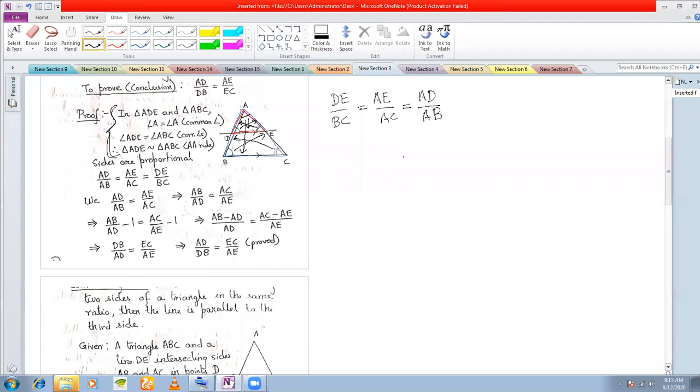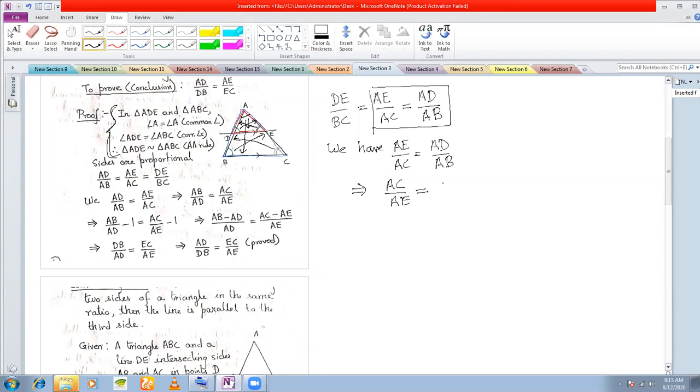Okay, once I have written the proportional sides, I consider these two equalities. Okay, so we have AE by AC is equal to AD by AB. I take the reciprocal of this. I write this as AC by AE. I take the reciprocal of the fraction on both sides.